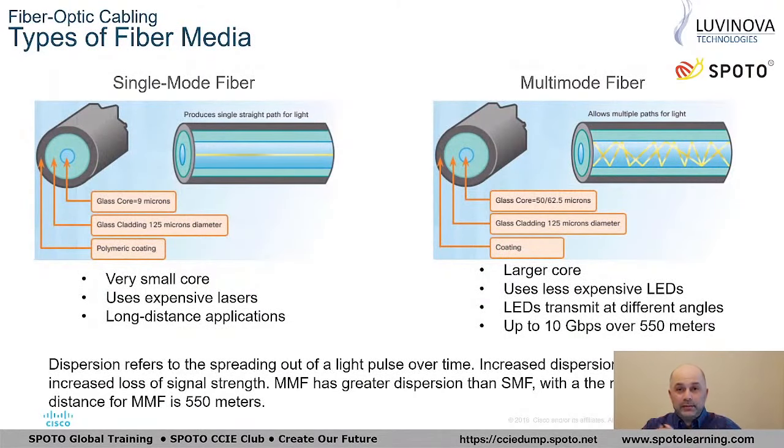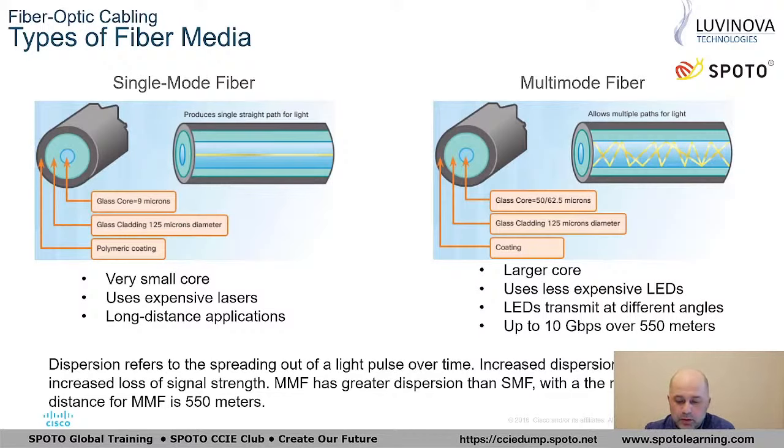Now, two types of fiber: single mode fiber and multi-mode fiber. They use different types of light pulse source. Single mode fiber, here on the picture, has a very small core and uses expensive lasers. We use this cable in large installations where the signal must be delivered with the same quality, in long distance applications.